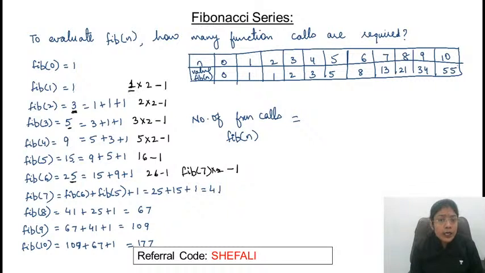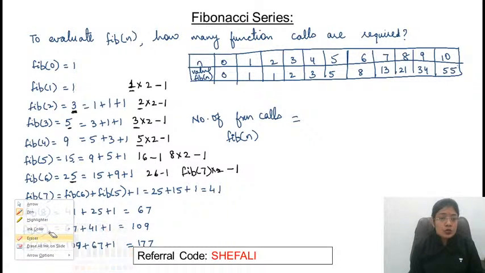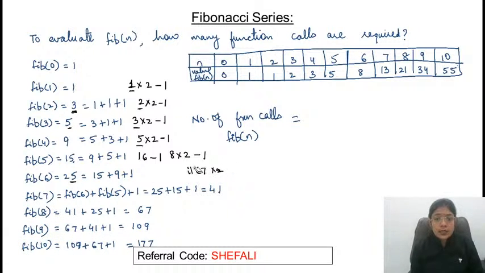What is this 1? 2, 3, 5, and this is nothing but 8 into 2 minus 1. अगर simplified way में लिखते हैं, so let me write this in the same format so that you can easily relate it with the formula. 8 into 2 minus 1. This is what? This is 13 into 2. 26 minus 1 is 25 function calls are required.